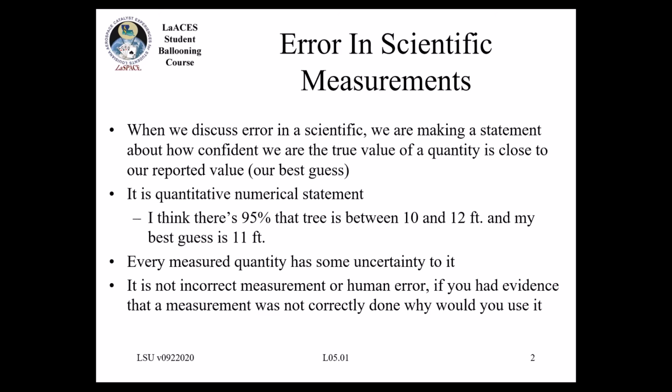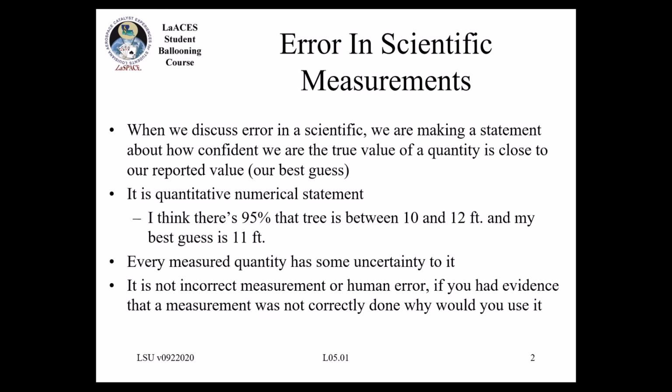And it's important to understand that every actual measured quantity has some level of uncertainty to it. You don't have any kind of perfect ruler or measurement device. So anytime you make a measurement, there's always some sort of variability or uncertainty or unknown to it.